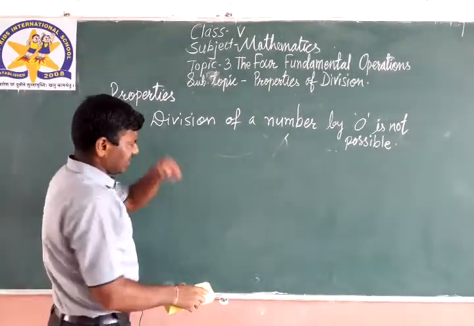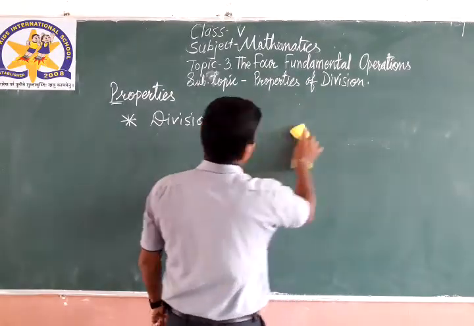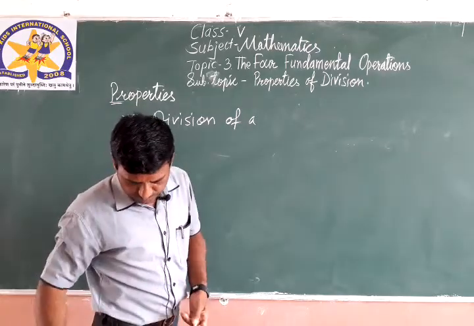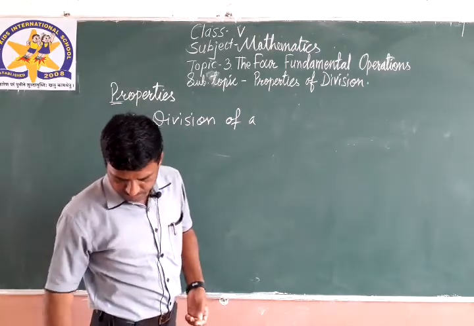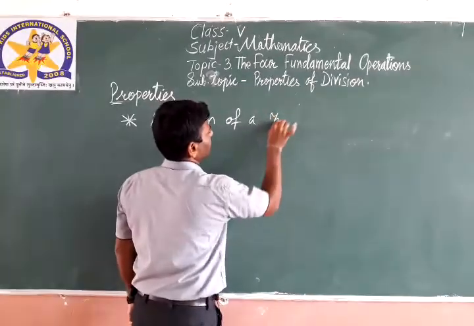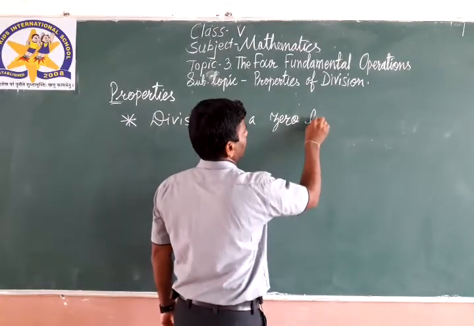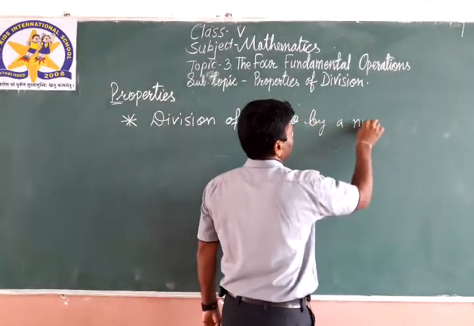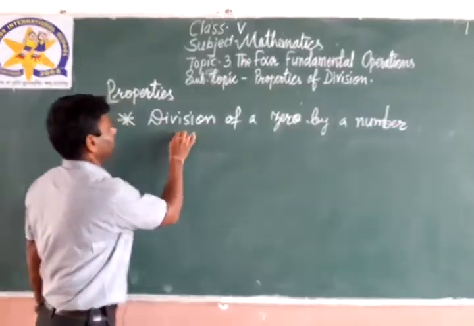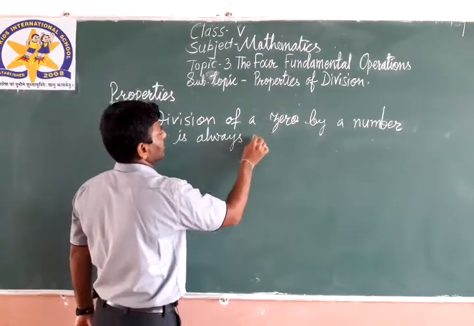Now next, division of 0 by a number is always 0.